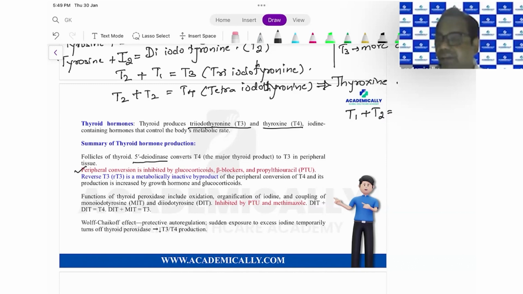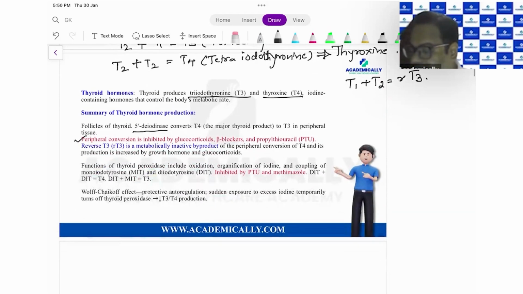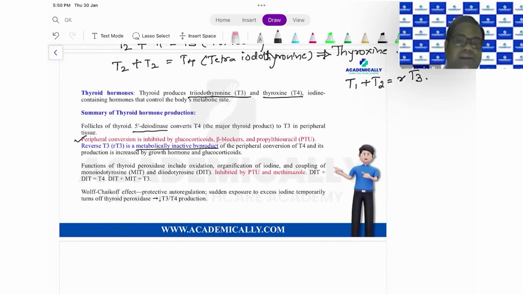But if T1 combines with T2, meaning the same two molecules but in a reverse spatial direction, it gives rise to what is known as reverse T3. Now, what happens with reverse T3? This is a product which is metabolically inactive.